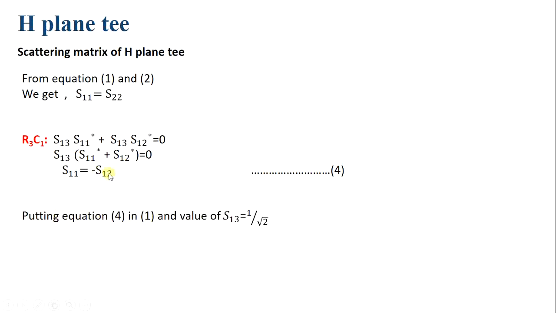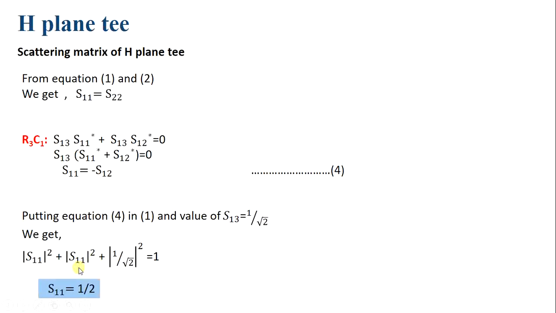Putting this equation 4 in equation 1 and the value of S13 as 1 by root 2, we get mod S11 squared plus mod S11 squared plus mod of 1 by root 2 squared equals 1, which is twice mod S11 squared plus 1 by 2 equals 1.